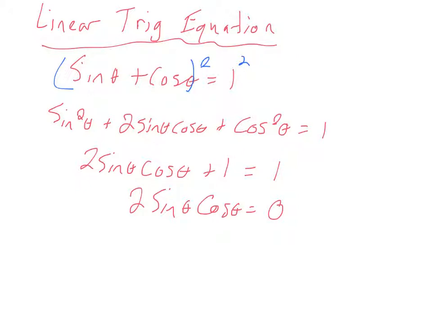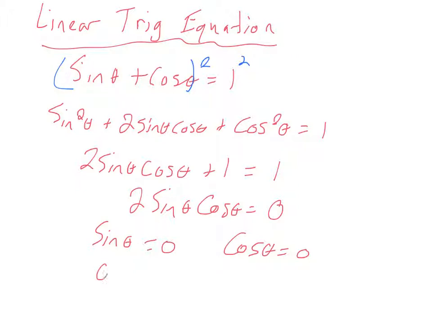And now they're multiplied together, so we can apply the zero product property. I know you're going to look at this and say, well, that's sine double angle, right? But having sine 2 theta equals 0 doesn't really help us any more than this does, because this is a factored trig equation now, with sine theta times cosine theta. Anytime we have a nice factored situation like this, we can just set both factors equal to 0 by the zero product property, right?